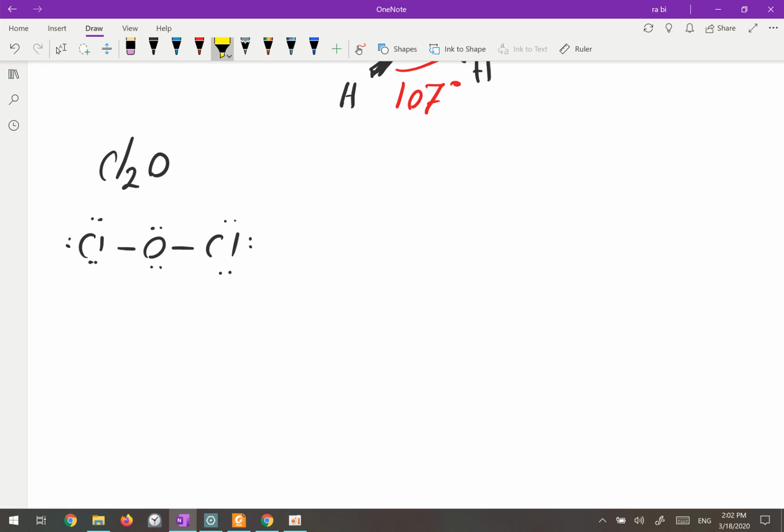If you cannot draw the Lewis structures, then you cannot answer the rest of the question in the exams. So the domains: 1, 2, 3, 4. There are 2 bonds and 2 lone pairs, so the domain is 4. So hybridization would be sp3.